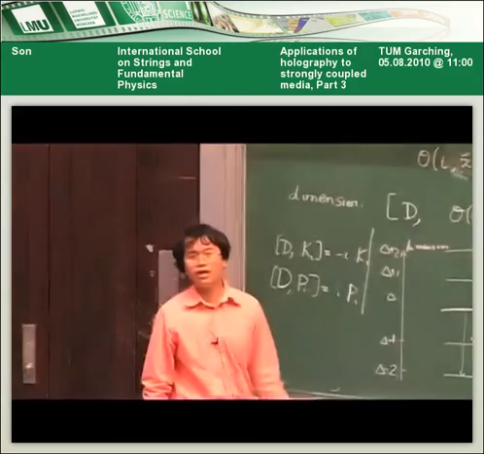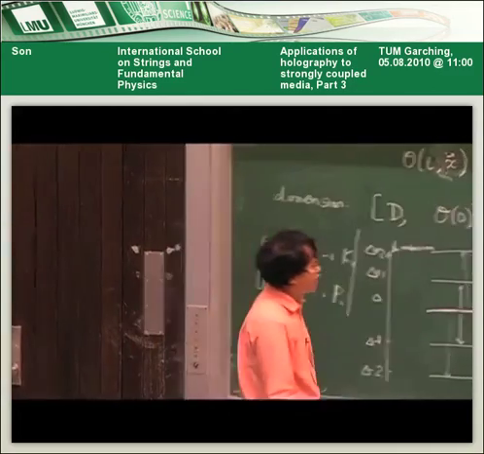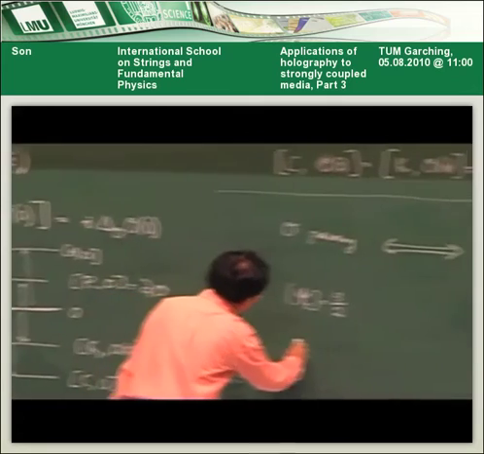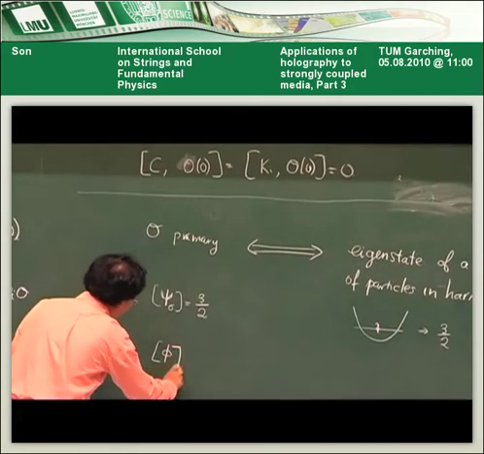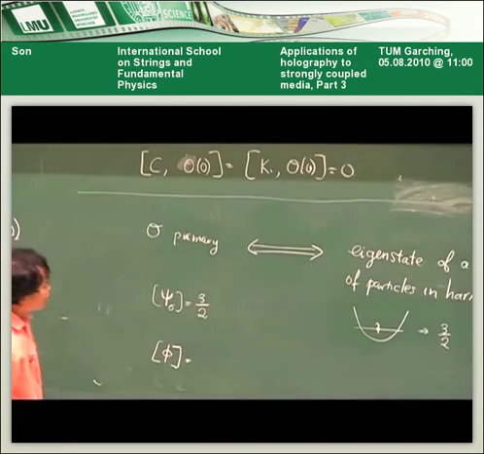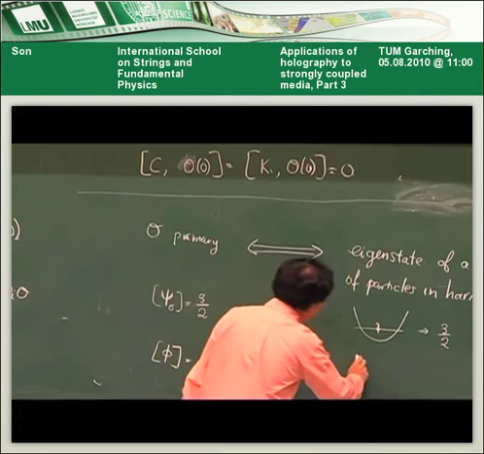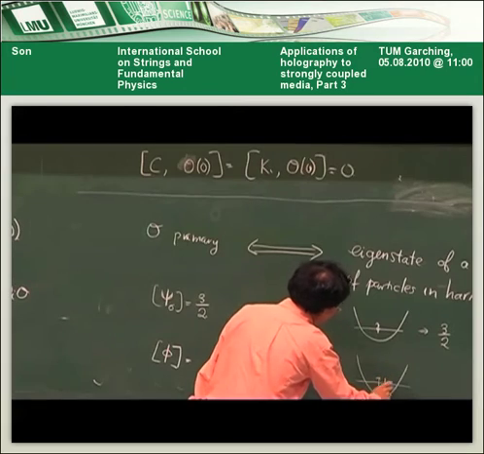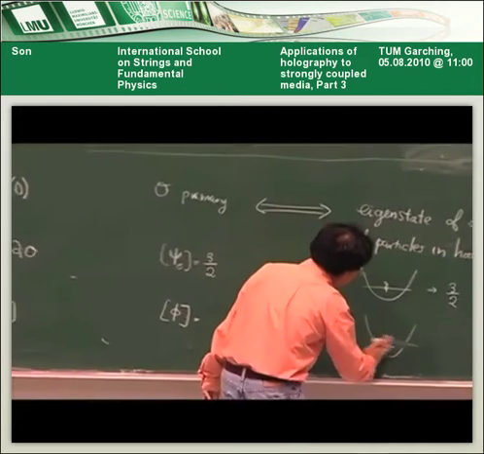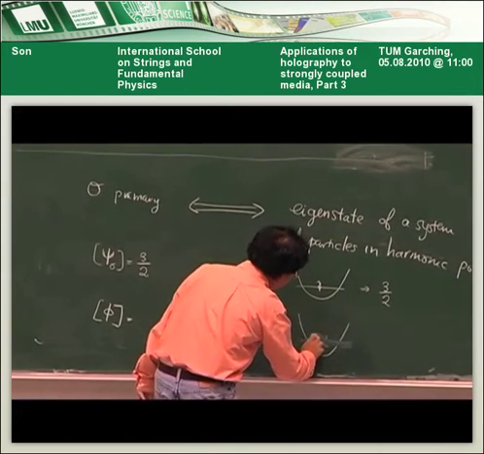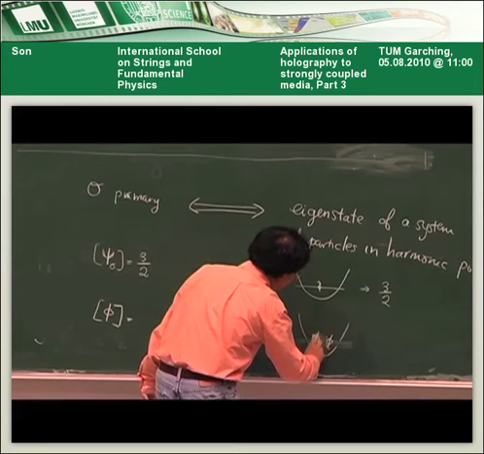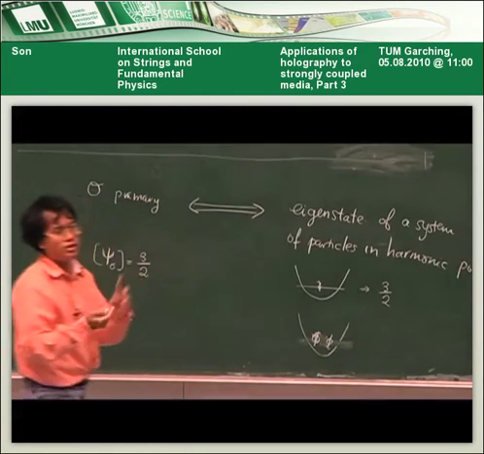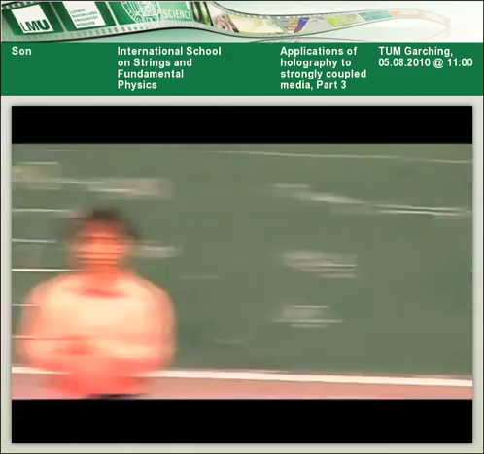A non-trivial example is when you take this operator phi. You can ask, what is the dimension of phi? Recall that we have seen that there is an exact solution to the problem of two particles in a harmonic potential, even when they are interacting with this fine-tuned interaction.